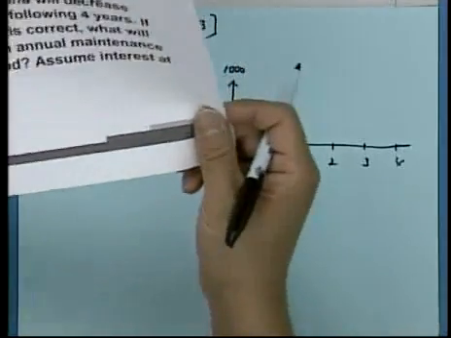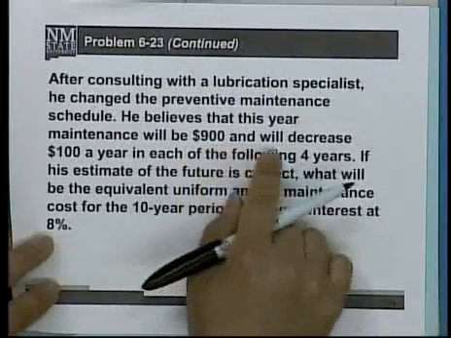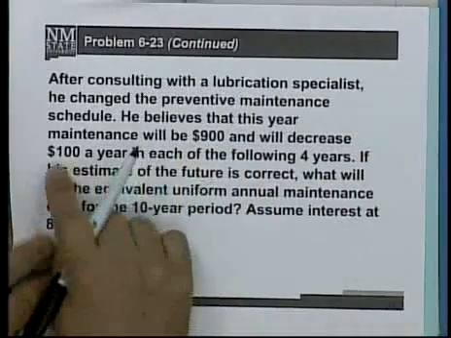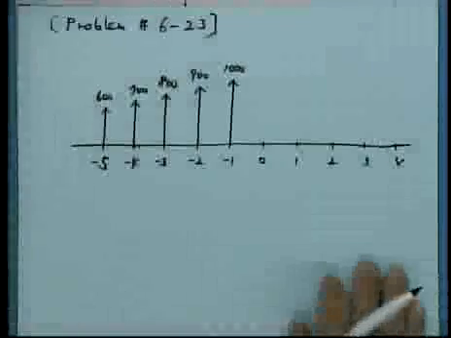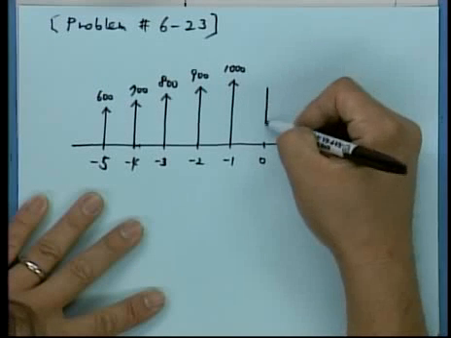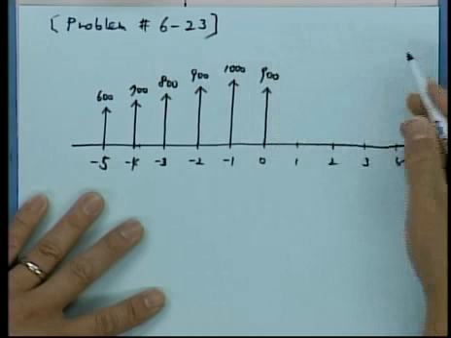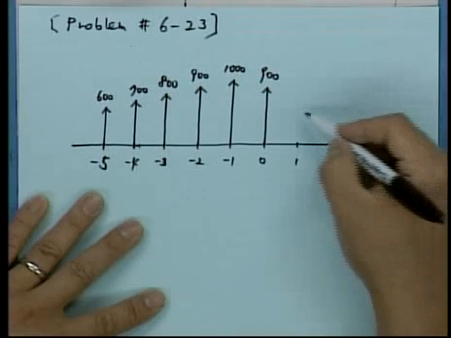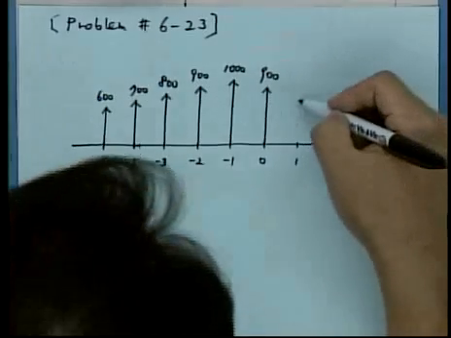And then he believes this year maintenance will be $900, and then will decrease $100 a year in each of the following 4 years. So this year it's going to be $900, and then decrease $100 a year in each of the following 4 years, right?